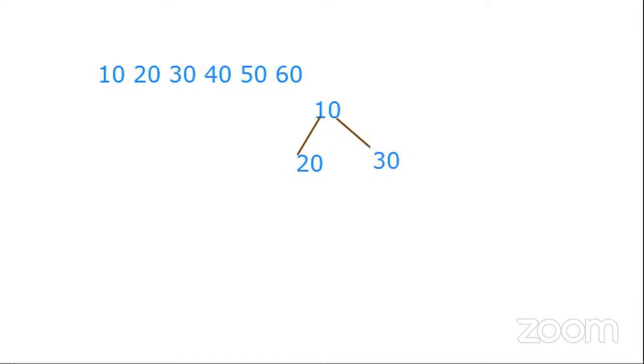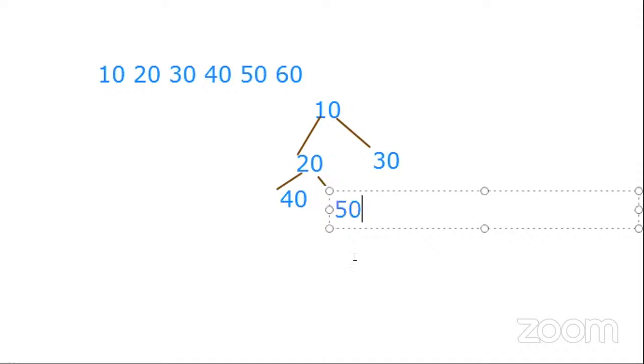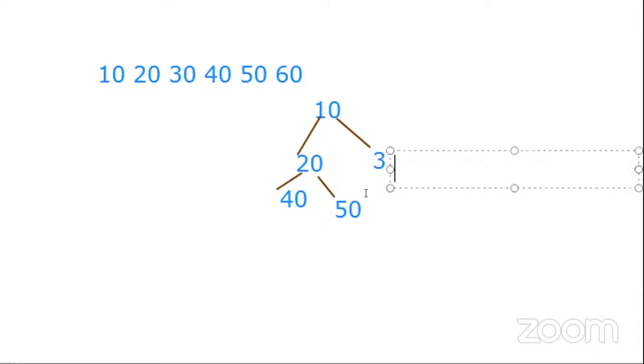Then here is your 40: 40 as the left child of 20, and to the right of 20, I am making it 50. Then 30's left, I am making it 60.